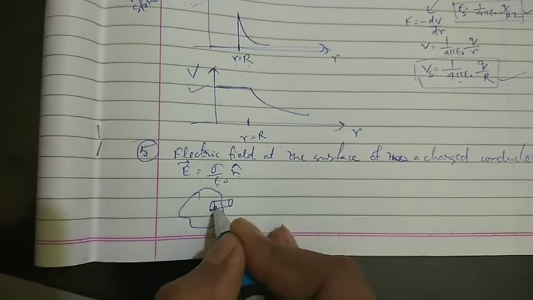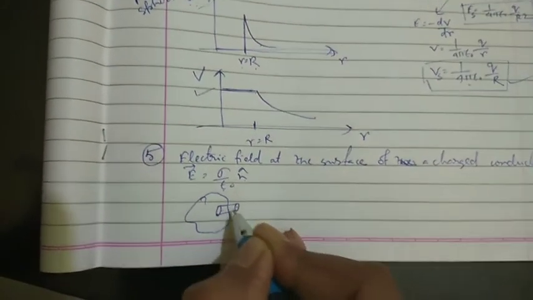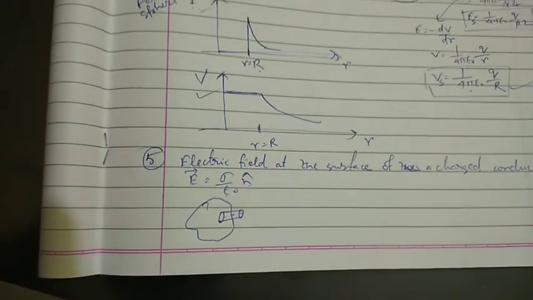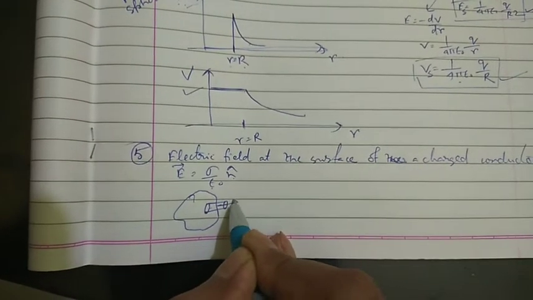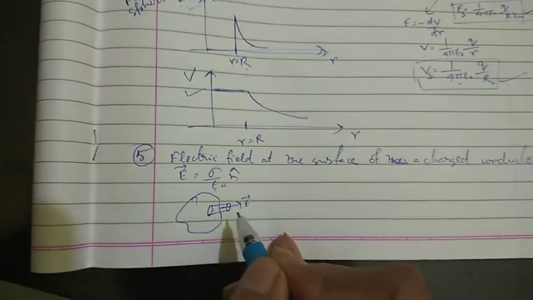This cylinder is very short, and this point lies very close to the surface of the conductor. Now the electric field is radially outward.